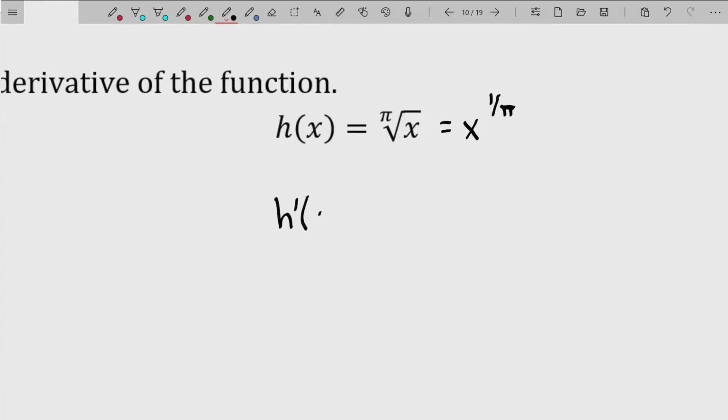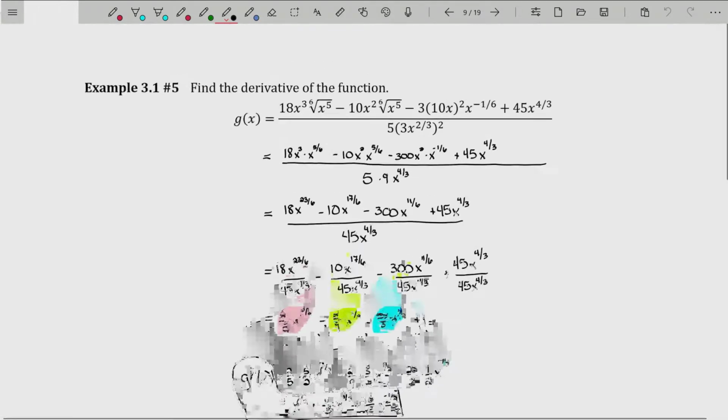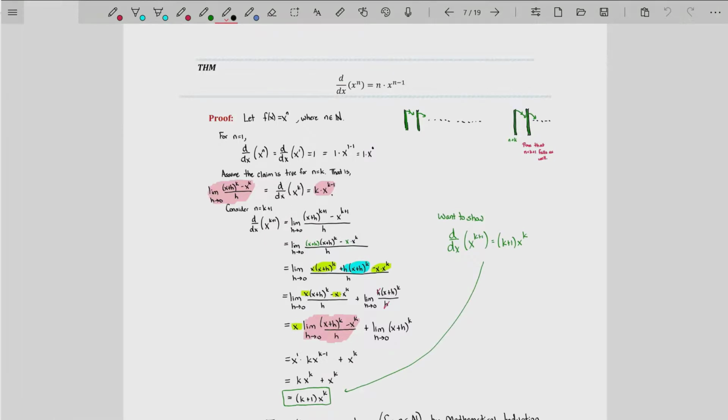The derivative of h, you're going to bring down that exponent, and you have x raised to that exponent minus 1. And that's about as good as it gets. Now, something I need to note here, not just with this example, but with all the previous examples, is that when you're dealing with a function and you're asked to find its derivative, especially with the theorem, let me hop back actually 2 spaces here.